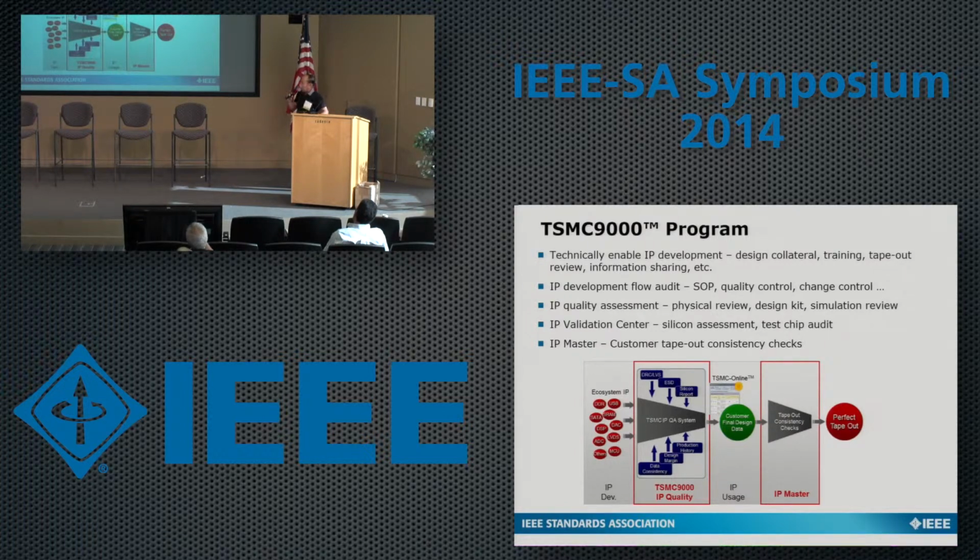This TSMC 9000 has been around for about, I think, 8 years now, and it comprises a lot of this information. Some of this we'll discuss at the end, because some of these items could be standardized. But I think it's a complete program where we have a set of IP development material, design collateral, training, tape out, review, and information sharing.